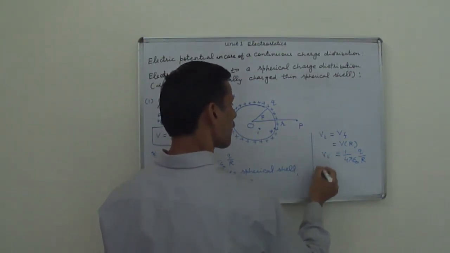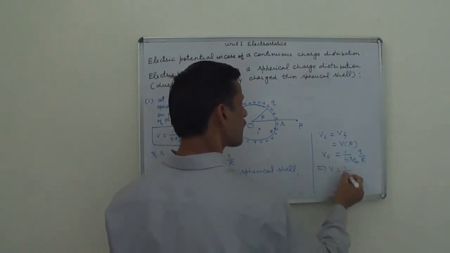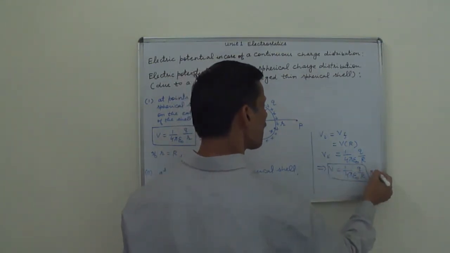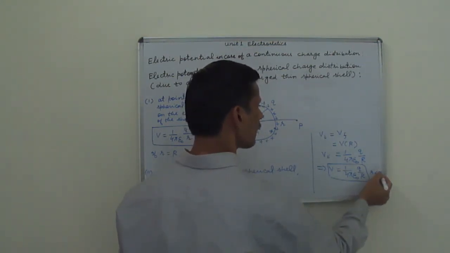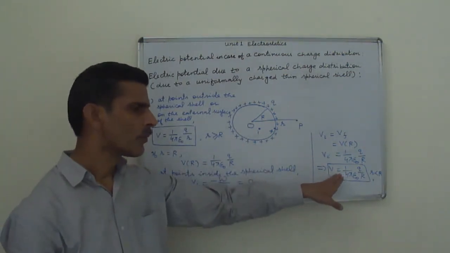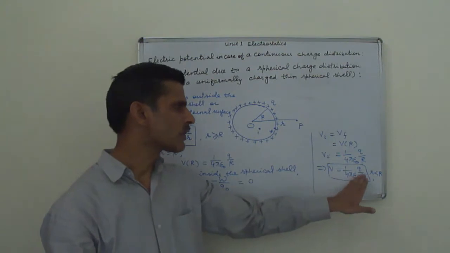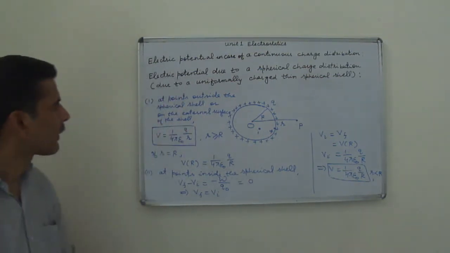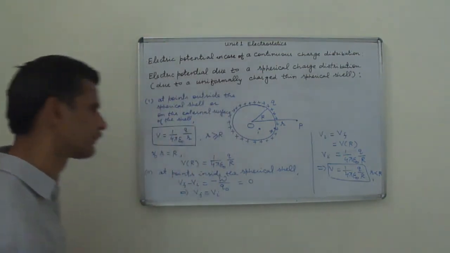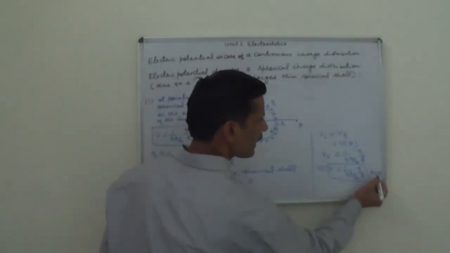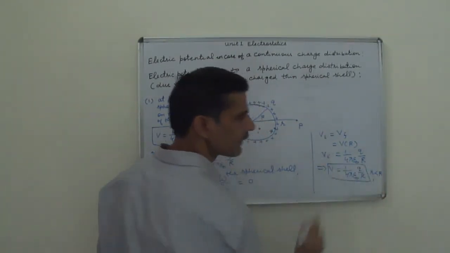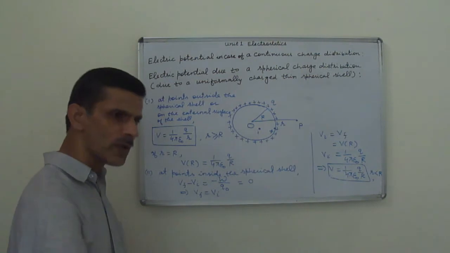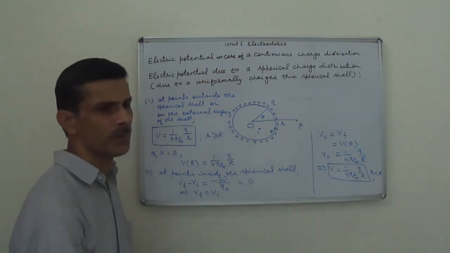So you can say V is equal to 1 upon 4 pi epsilon naught Q upon R if small r is less than capital R. That is, at points inside spherical shell, potential is 1 upon 4 pi epsilon naught Q upon R. You can see this relation is also applicable if small r is equal to capital R. Potential at points on external surface and at points on internal surface is same.